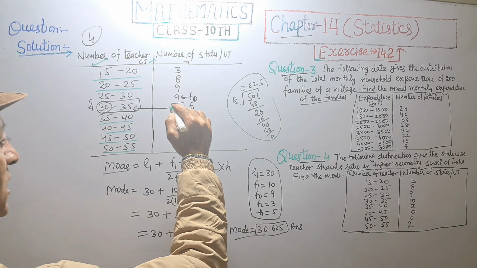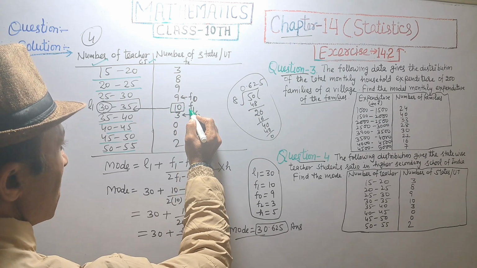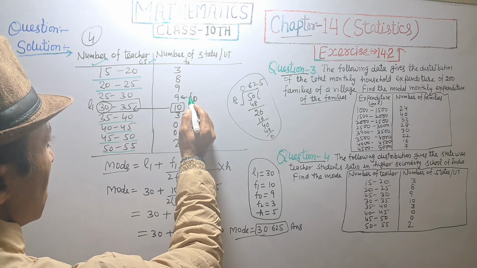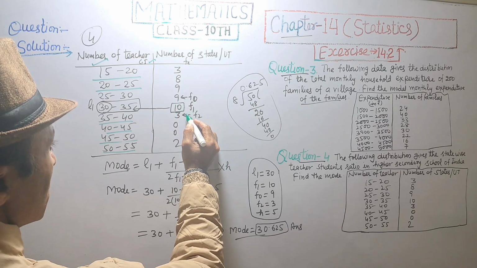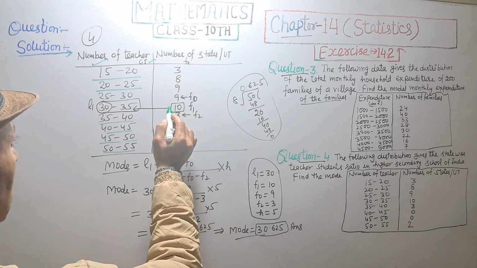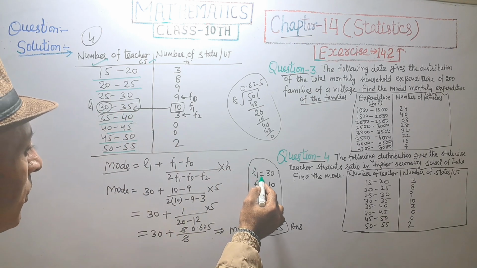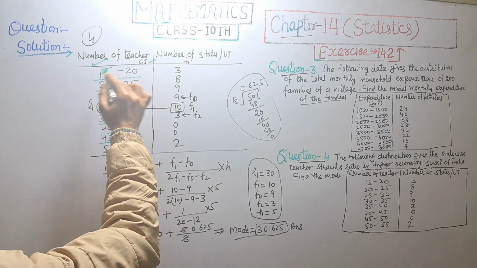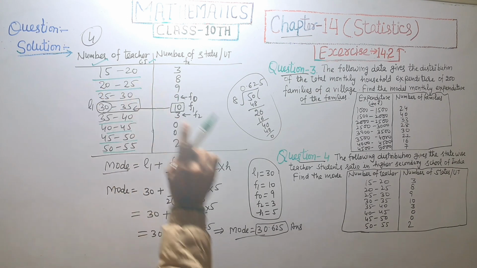In this frequency, the highest number is 10 and this number is called F1, F0 is the upper number and F2 is the lower number, that is 3, and L1 is 30. So we get L1, F1, F0, F2, H. H is the common difference between class intervals: 15 to 20 means 20 minus 15, that is called H.